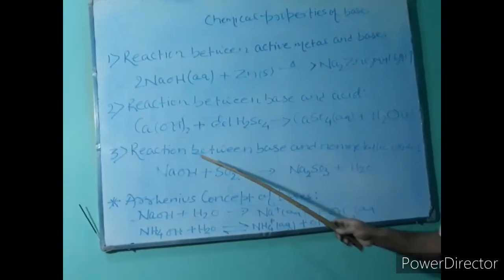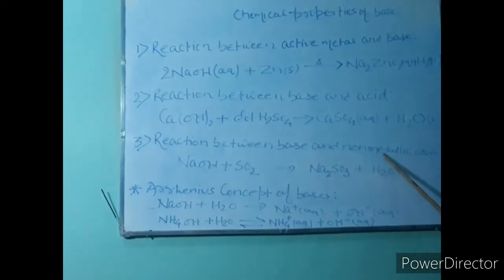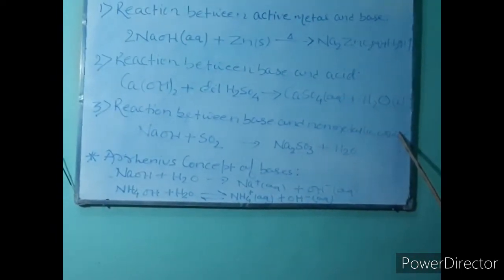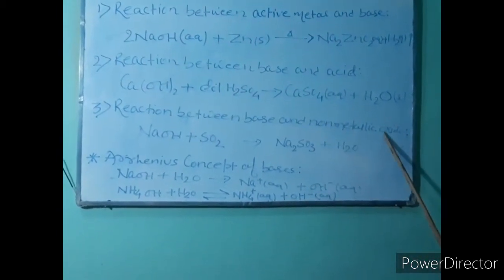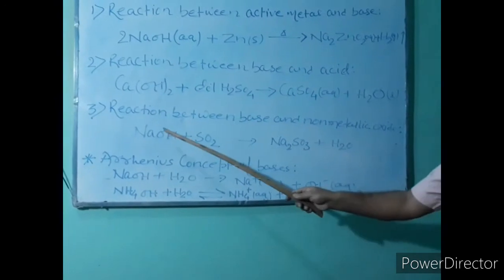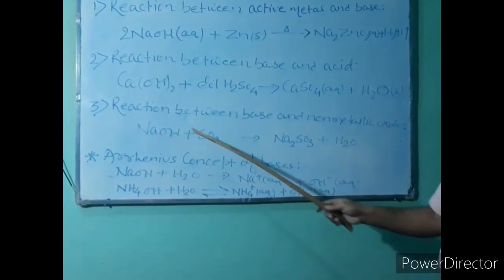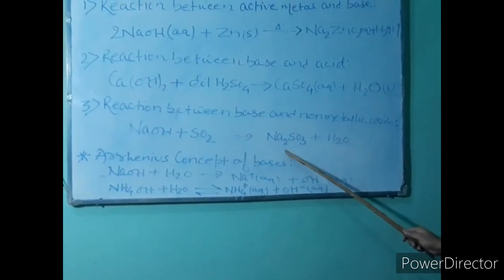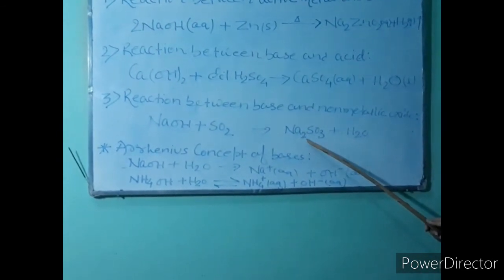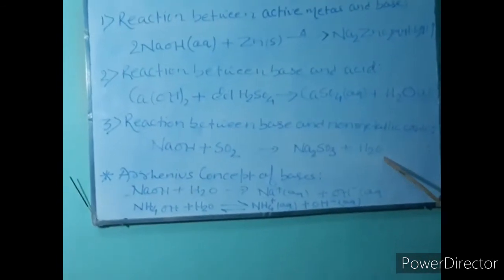Next, reaction between base and non-metallic oxide. Sodium hydroxide reacts with sulfur dioxide, a non-metallic oxide, to form sodium sulfite plus water.